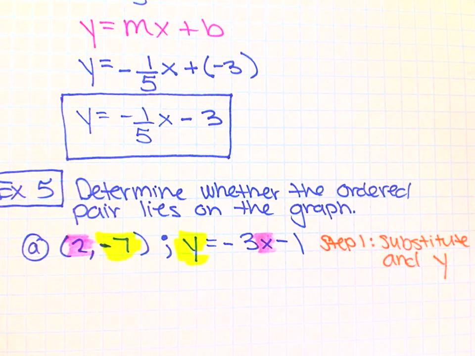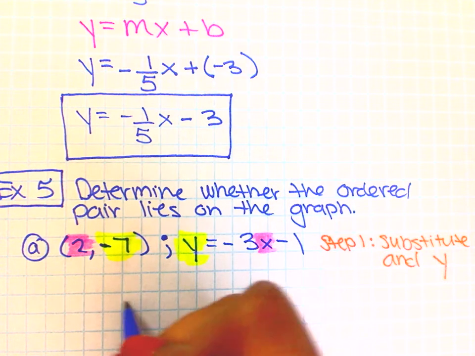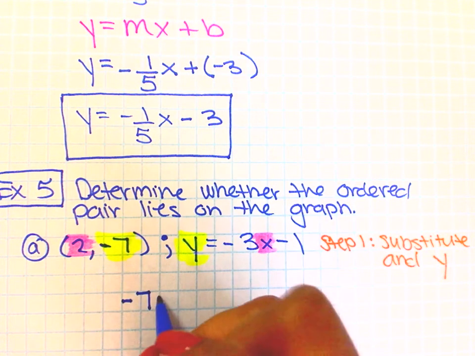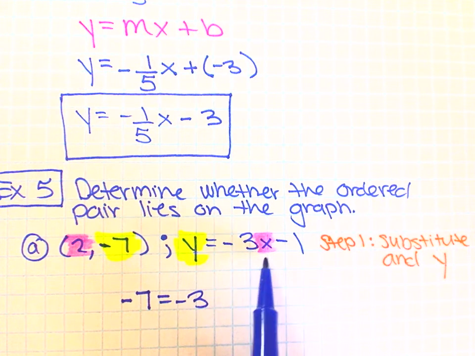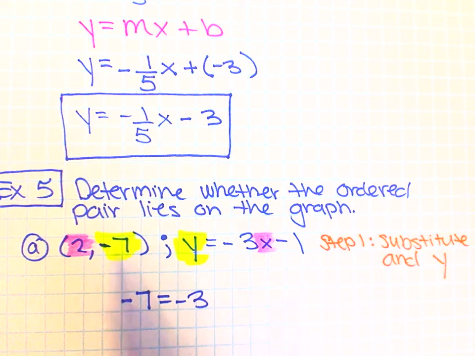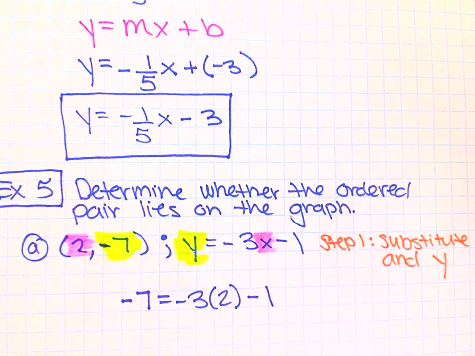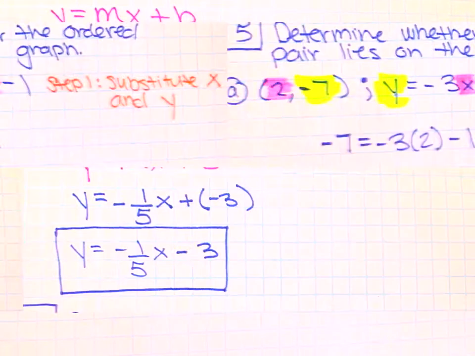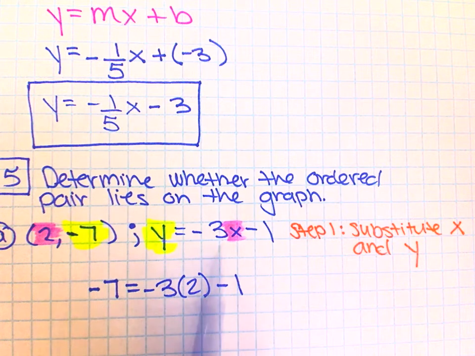I can do that. Okay, so y, -7 equals -3. My x is 2, so -3 times 2 minus 1. So the first thing I did, step 1, I substituted in x and y into this equation. I put those numbers in that equation.